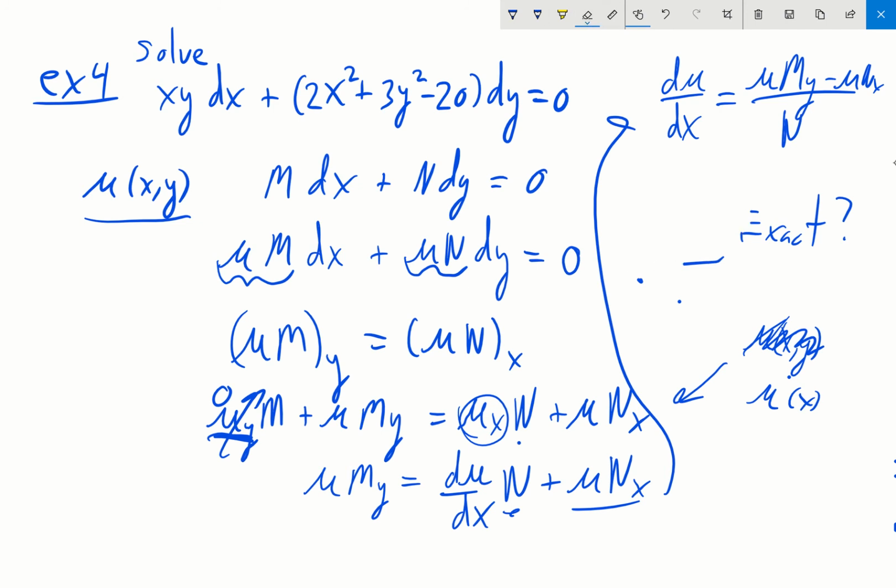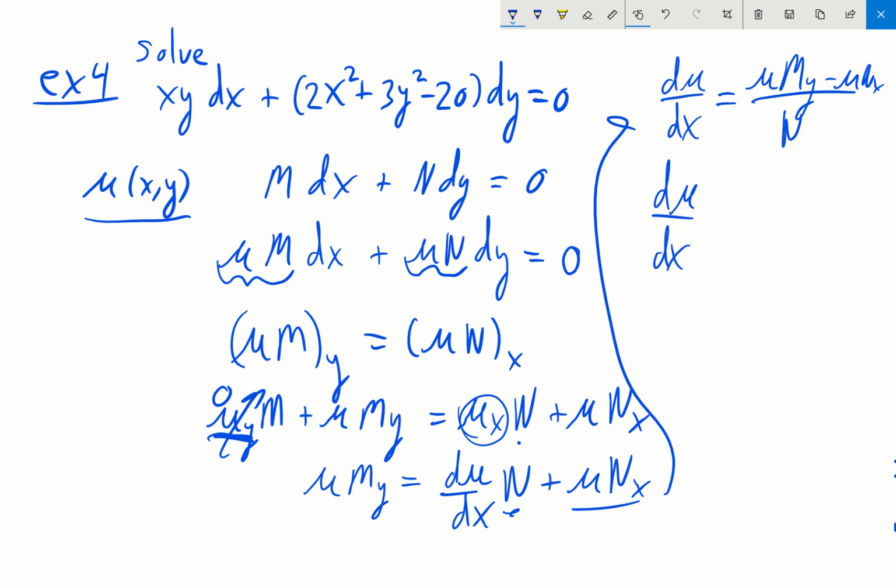This is actually a separable ODE. So we have d mu dx is equal to, I can factor the mu out, M_y minus N_x divided by N, times mu. I can bring the mu to the other side. I can bring the dx to the other side.